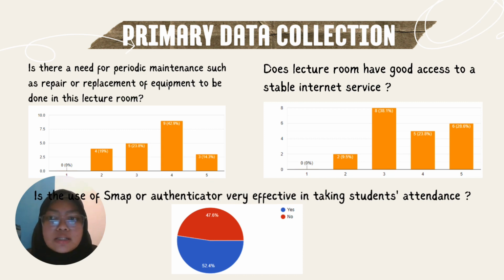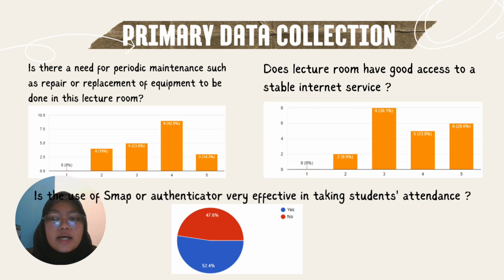So the next question is, is the use of SMAP or an authenticator very effective in taking student attendance? Based on the pie chart, 45.5% of respondents answered yes about the effectiveness of using SMAP or an authenticator in taking student attendance.